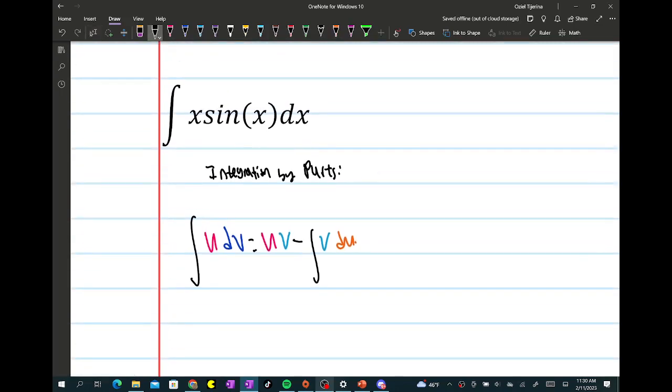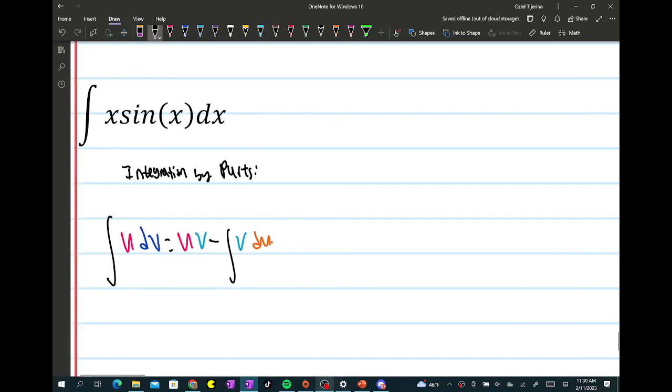The basic idea is we want to know what u and dv are. There's a certain acronym, we call it LIATE, and this tells you exactly what u will be. The first stands for logarithmic, then inverse, algebraic, then trig, and then exponential.